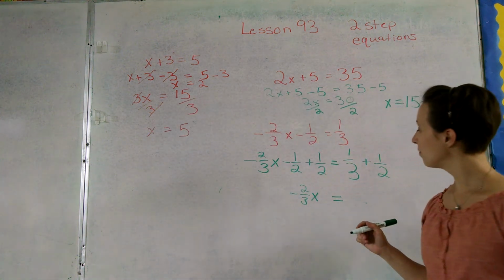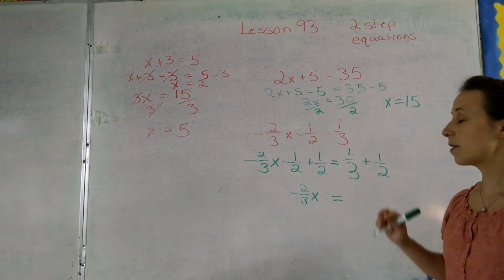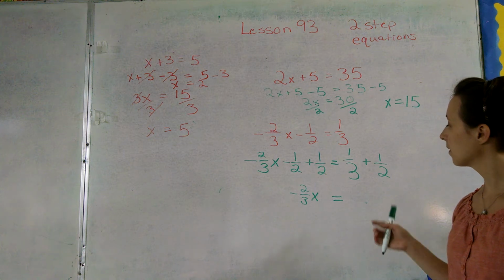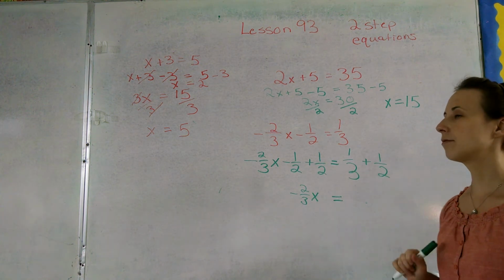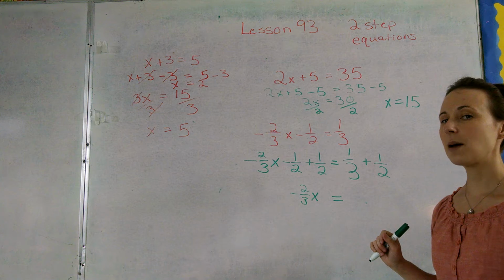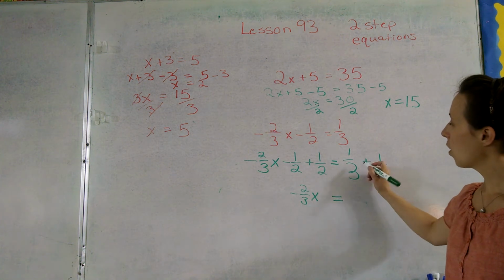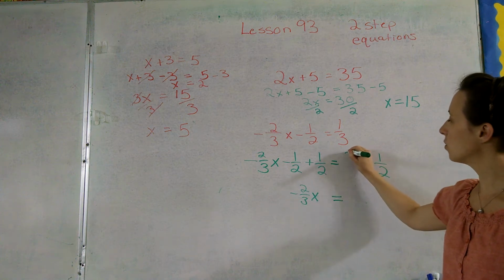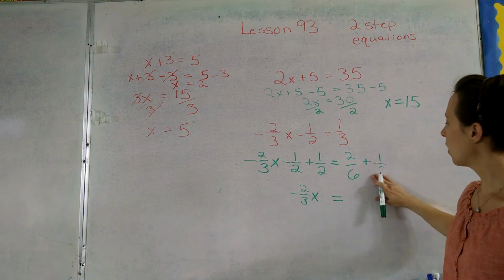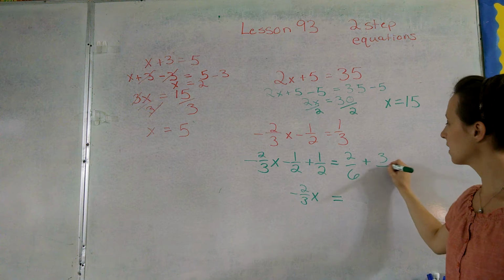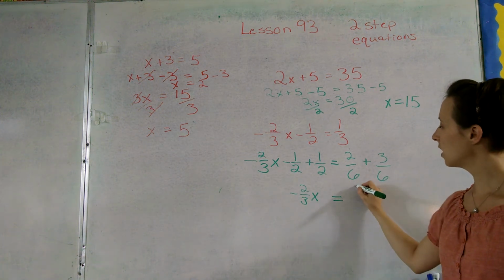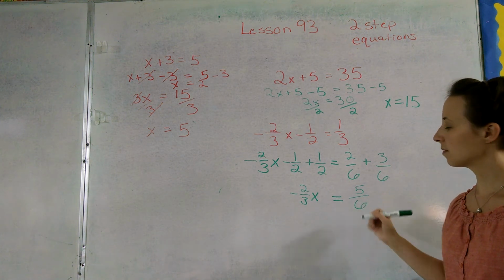Remember what you already know. In order to add fractions, we must have a common denominator. 1/3 and a half. I bet I could make a denominator of 6 out of those. 1/3 would be the same as 2/6, and 1/2 would be the same as 3/6, which leaves me with 5/6.